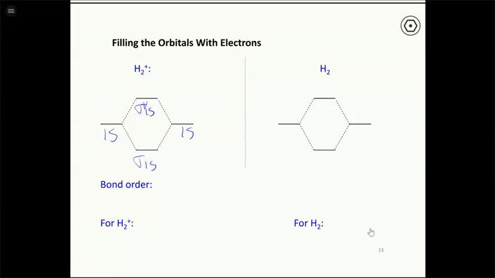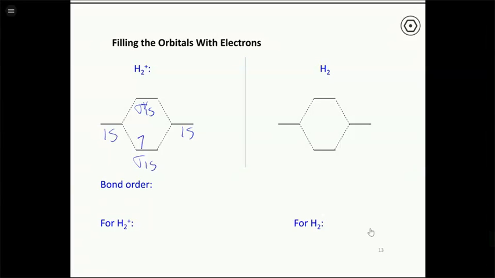So how many electrons does H2 plus have? H2 would have 2 electrons, then how many would H2 with a plus charge have? 1. Each hydrogen contributes 1 electron, but then we lose 1 for the positive charge. So this is only going to have 1 single electron, and of course that electron is going to go into the lowest energy orbital, and so we have this diagram here.